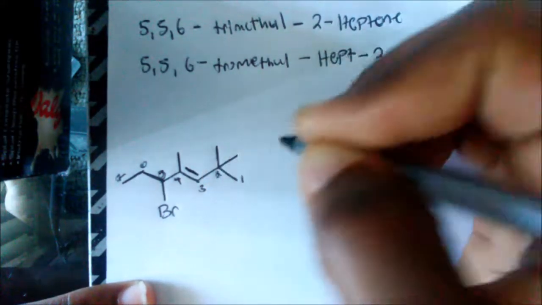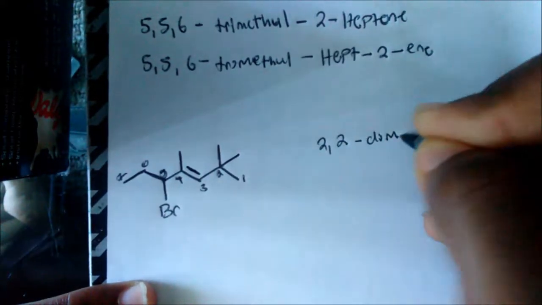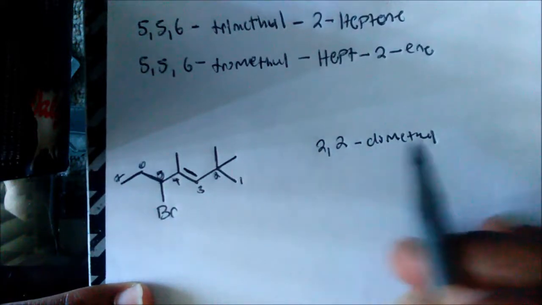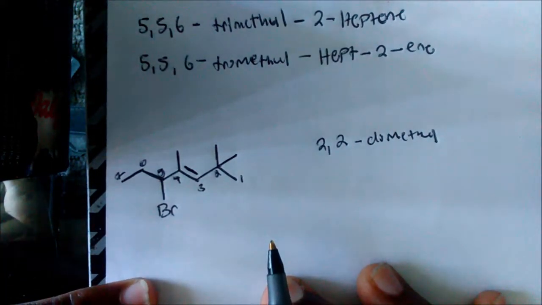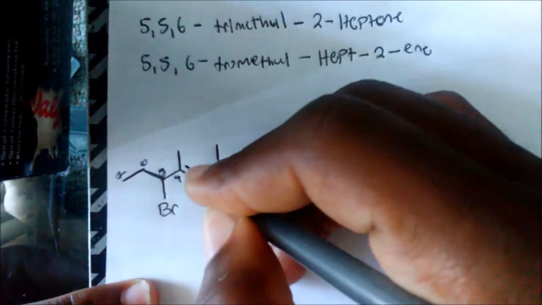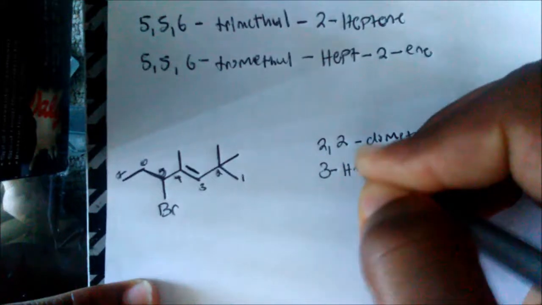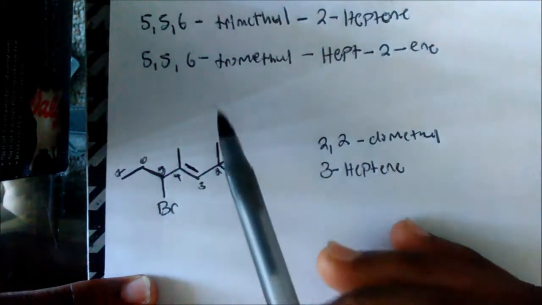So on carbon 2, we have 2 methyl groups. So this is just 2,2-dimethyl. We just simplify those methyls together. Or we could have written 2-methyl and then 2-methyl, but I just put everything together in one, right? And then carbon 1, 2, 3. At carbon 3, we hit the alkene bond. So this would be 3-heptene, right? Because the longest continuous carbon chain is 7.